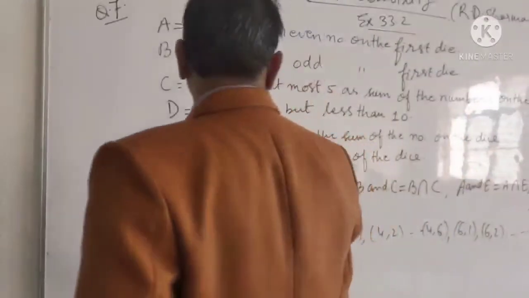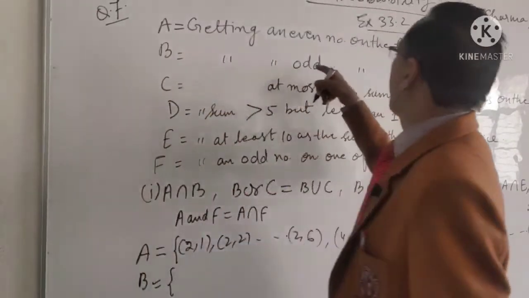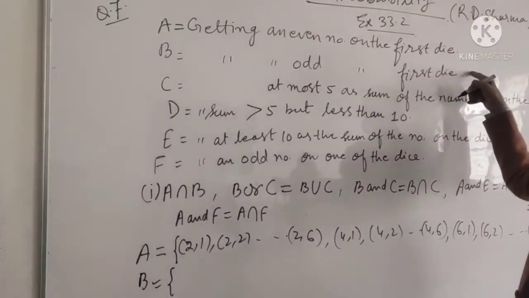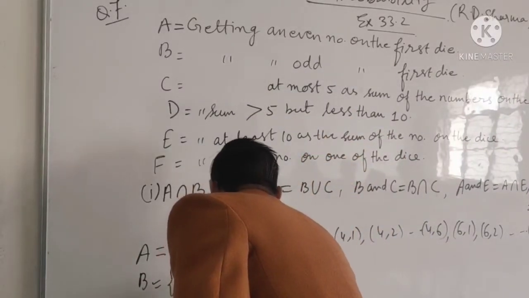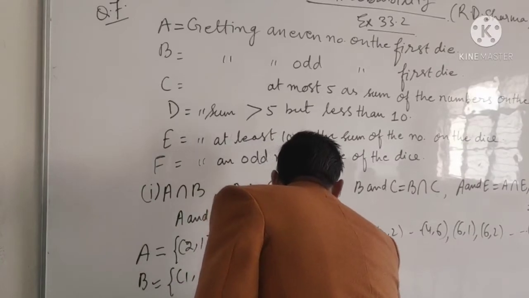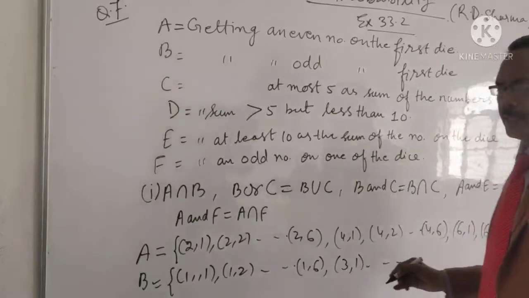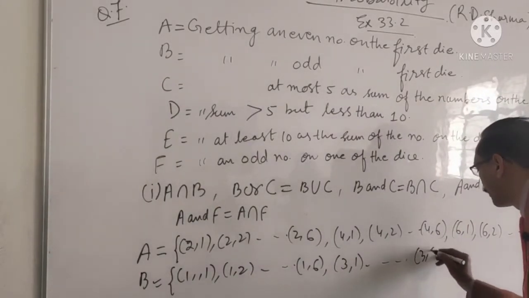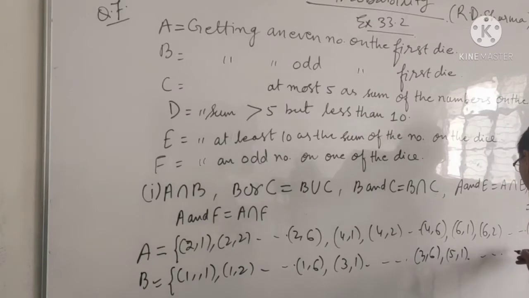Then B, an odd number on the first die. So that will be 1,1; 1,2 till 1,6. Similarly 3,1 till 3,6. And 5,1 till 5,6.